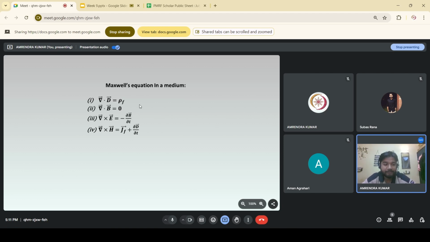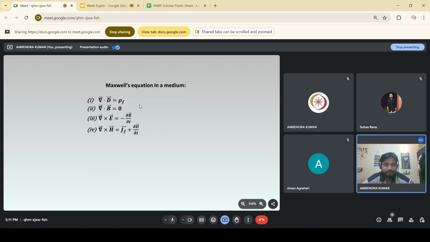And last class I told you how you can go through these equations and derive an equation of electromagnetic waves inside a media or anywhere by using these four equations.